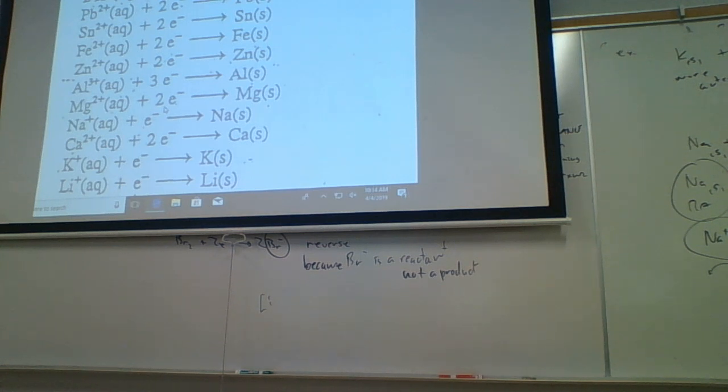So the first one we're going to multiply by 2. So I'll just add them like this. 2 sodiums plus 2 waters. And the electrons are going to cancel. 2 times 1 is 2 electrons. Right? Yields 2 sodium ions plus hydrogen gas plus 2 hydroxide.